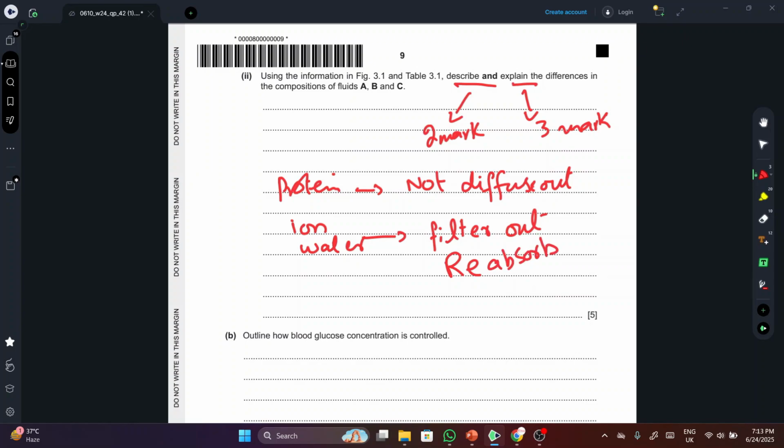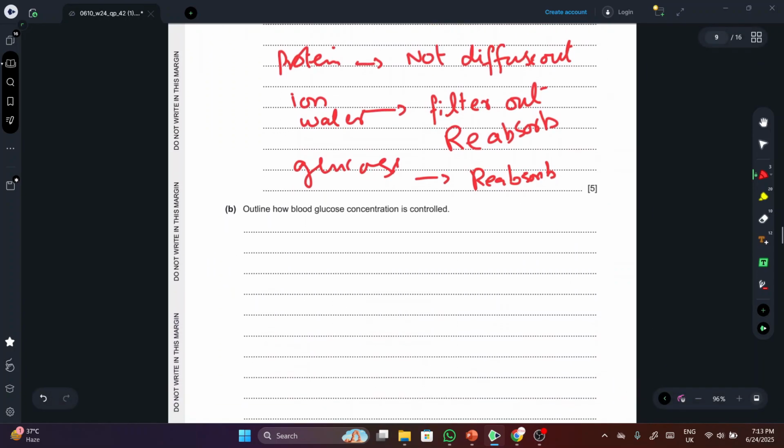Okay. And if we talk about the glucose, all the glucose is reabsorbed, and no glucose in the urine. So separately you will mention the composition with reference to the table, and then you will answer this question.